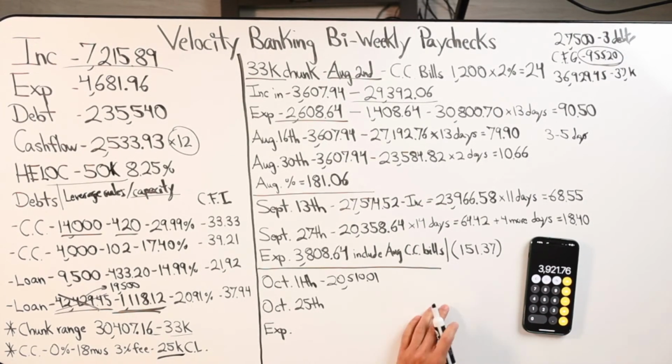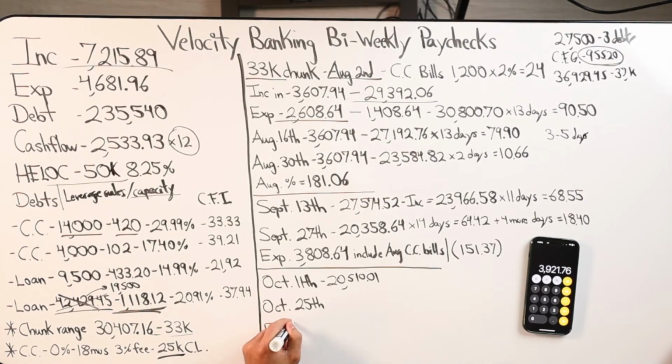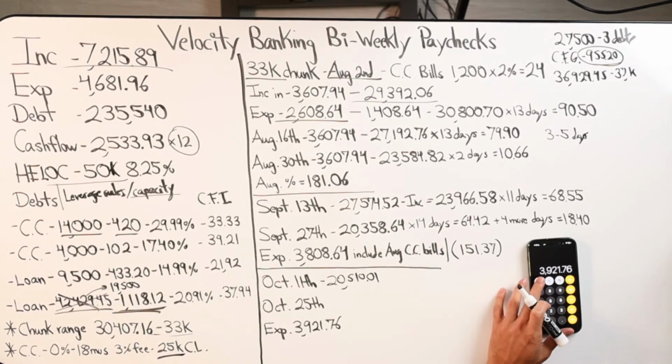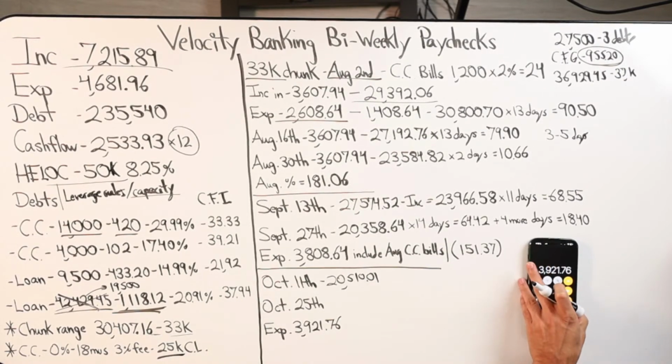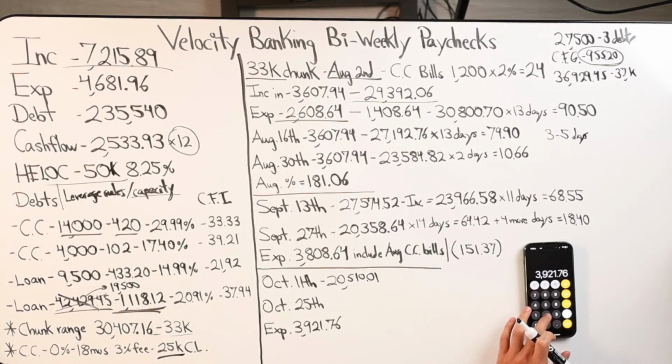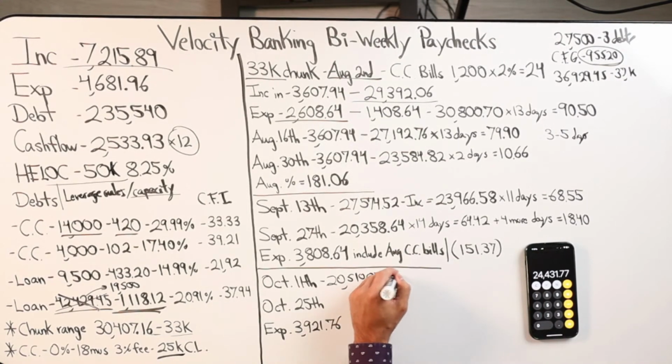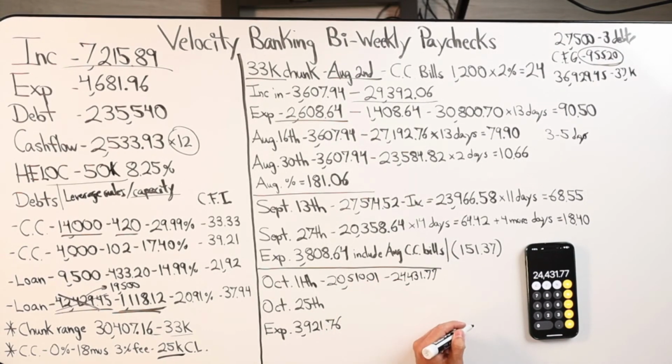So we're at 39,217.6. I'm going to create an intentional error by showing expenses coming out all for the month of October to overestimate interest costs on purpose. So 20,510.01. So here's where I'm at. 24,431.77.